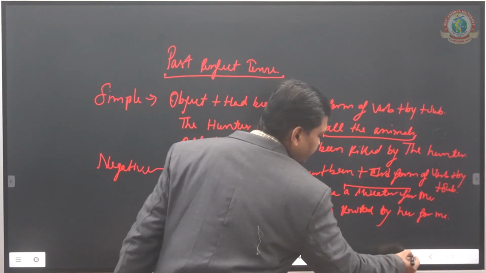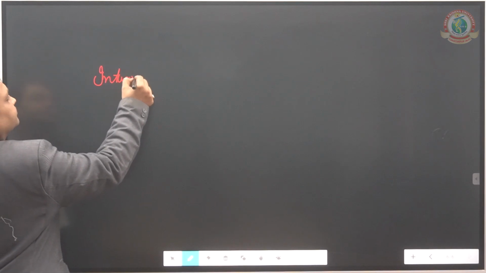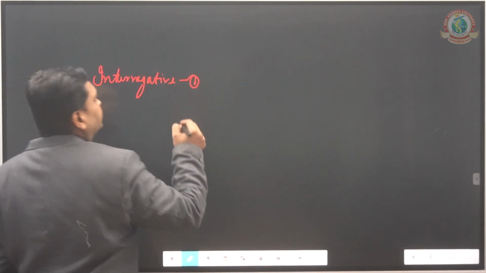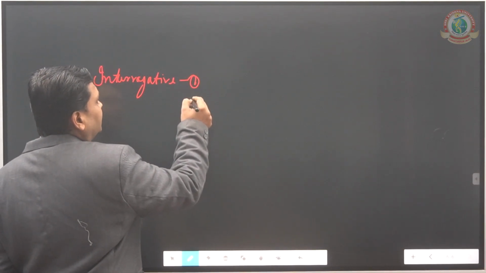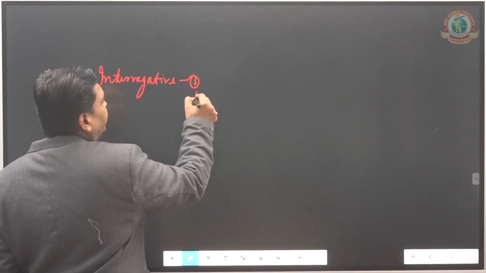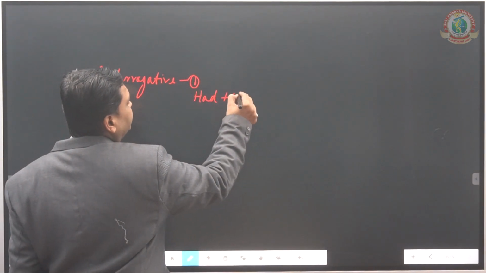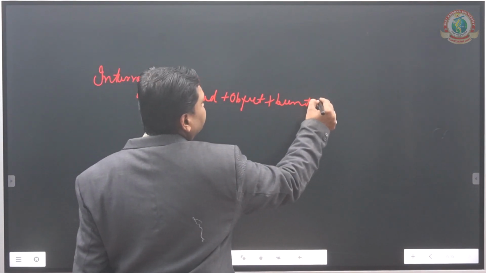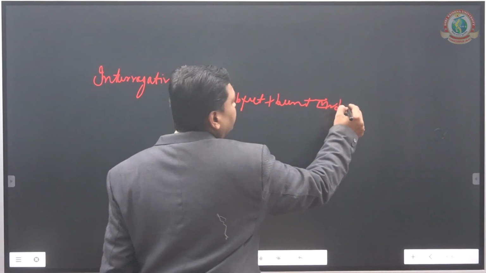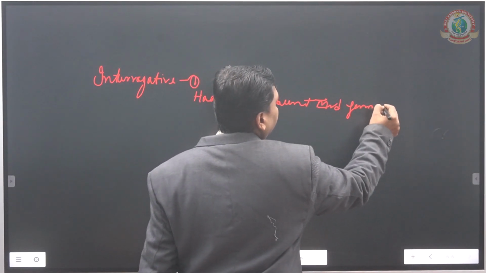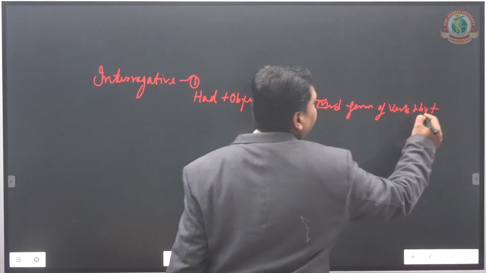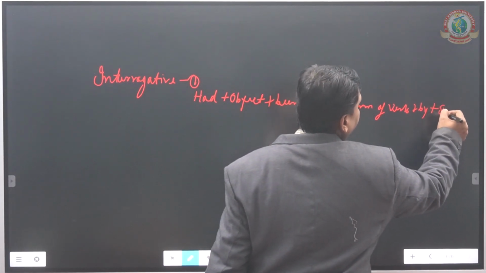After that we will go ahead with interrogative. Interrogative number 1. The structure of passive voice would be like that: had plus object plus been plus third form of verb plus by plus subject.